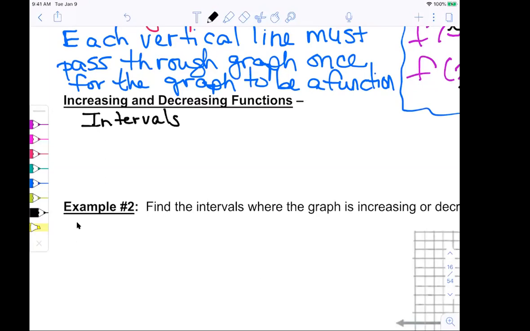So we're going to make a little graph here, and we'll actually graph a function that looks something like this.